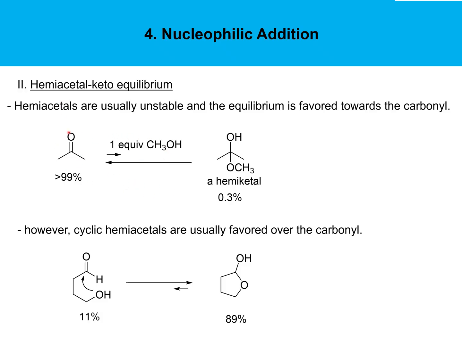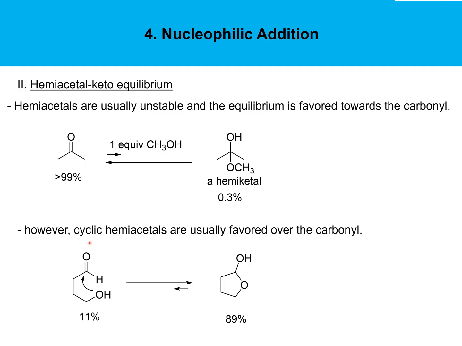If we start off with acetone and we add theoretically one equivalent of methanol, we should get a hemiketal, but that equilibrium is heavily favored towards the carbonyl. The reason for that is carbonyls, the double bond here is a strong bond, and so it favors the equilibrium backwards.